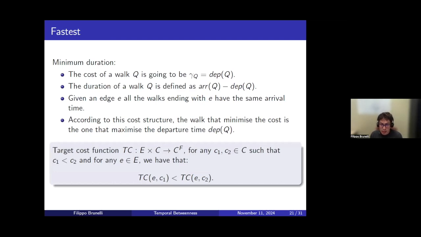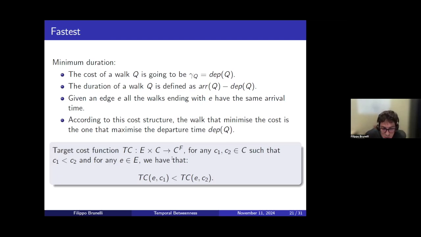But more formally, when we deal with this type of criteria, we need to add something else to the cost structure, which is a target cost function, which takes a temporal edge and a cost and returns a cost which can even be from a different set, and is non-increasing in the second argument, the cost.